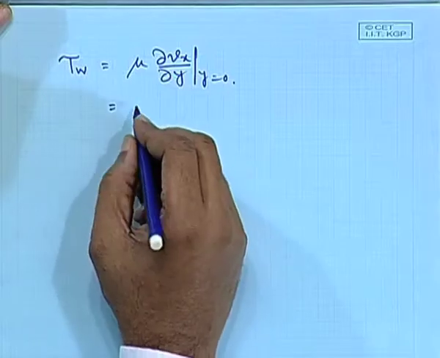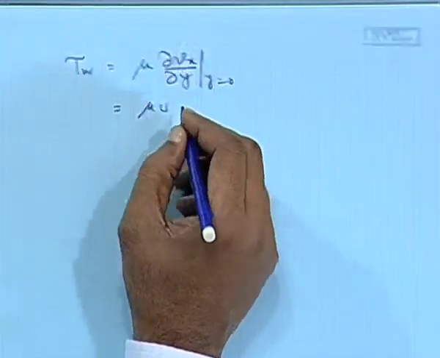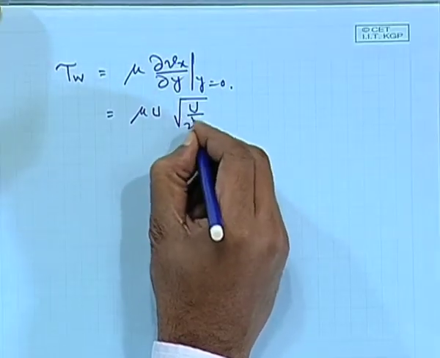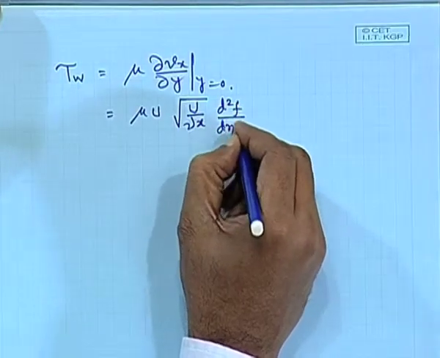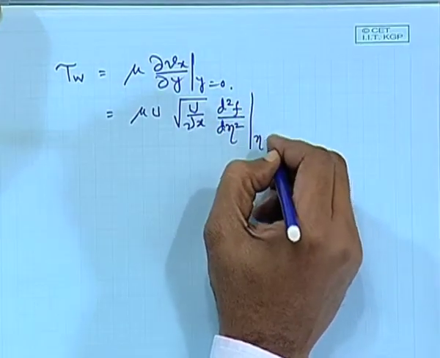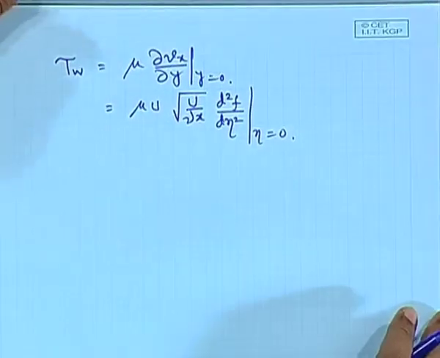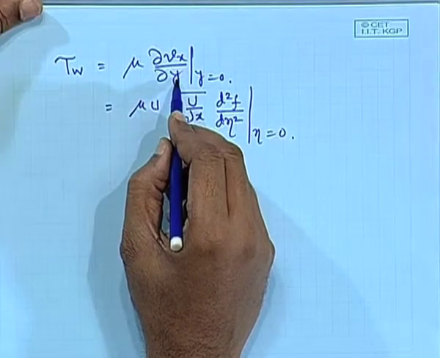So, I'll leave those steps, and this is the expression which you would get if you follow changing the y into eta and so on.